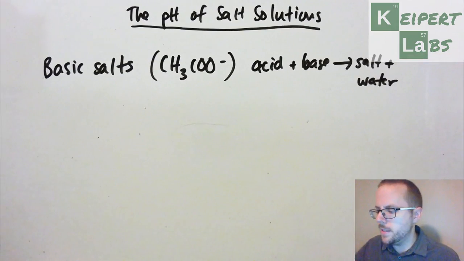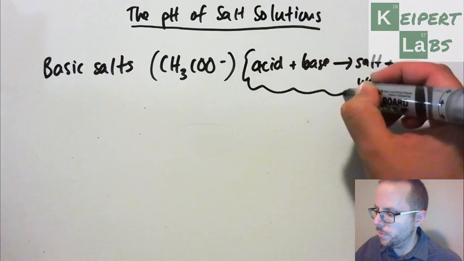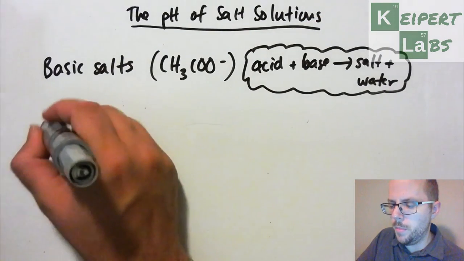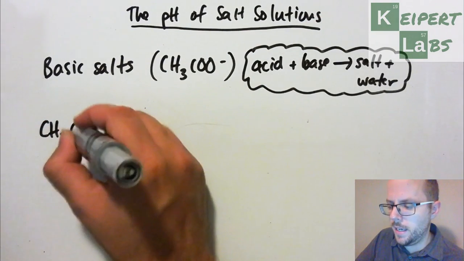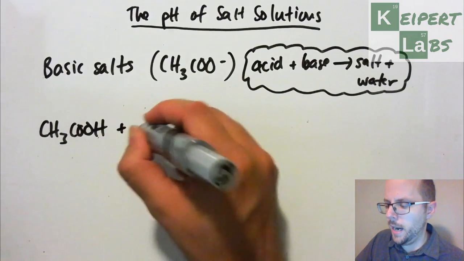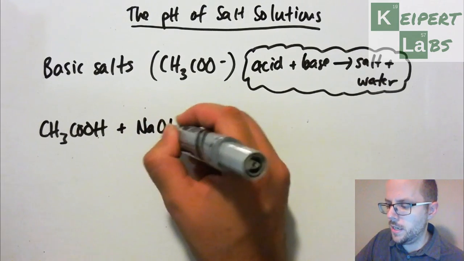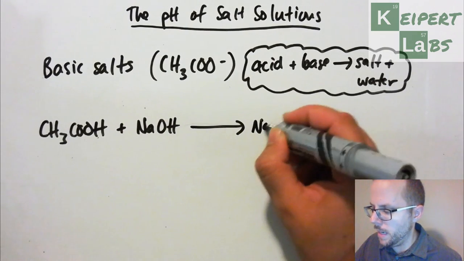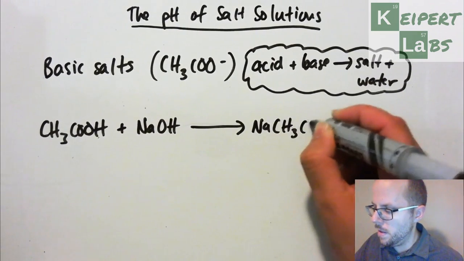So that's the general reaction that's involved here. So we might form an acetate salt by, say, taking acetic acid and reacting it with sodium hydroxide, so acid plus a base, forming a salt, sodium acetate, and water.